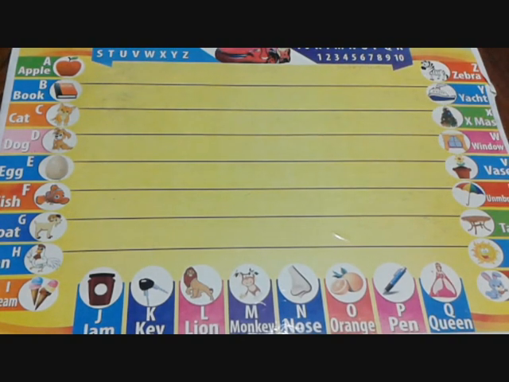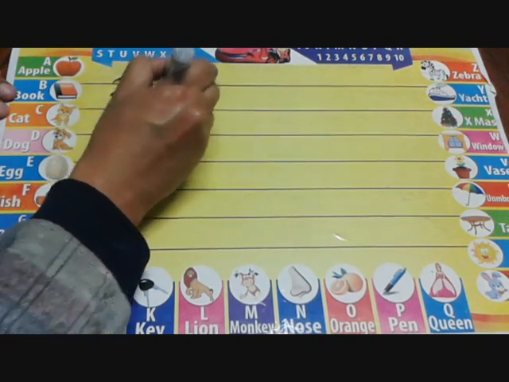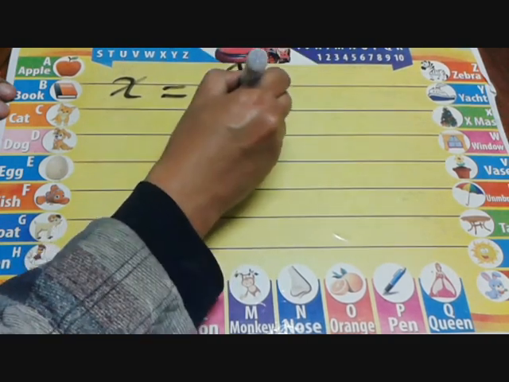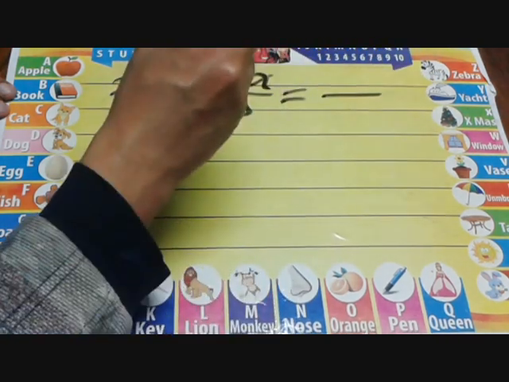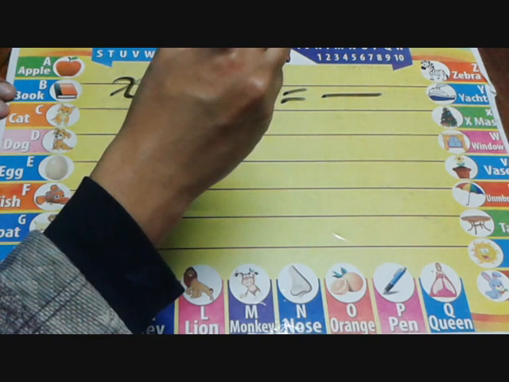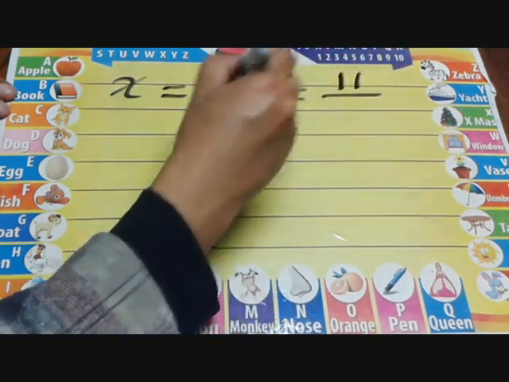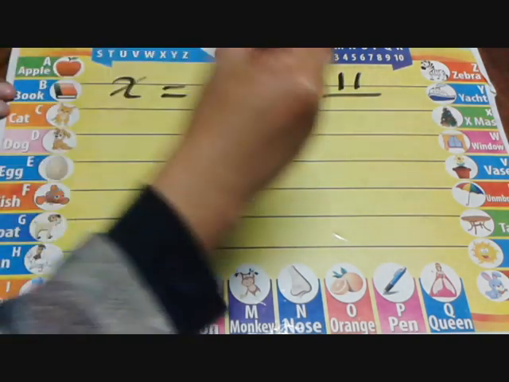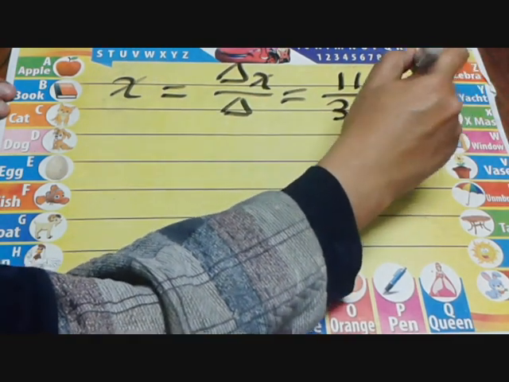Now, this is a rule to find the value of x. Delta x over delta. From the previous step, delta x equals what? Review your previous step. Delta x equals 11. Delta equals what? Delta equals 33. Simplify it in the simplest form.